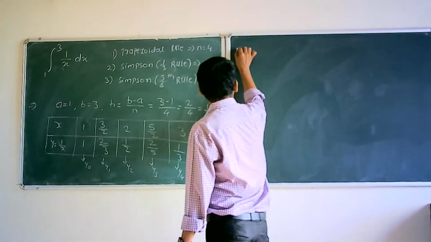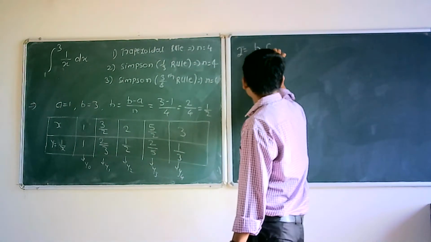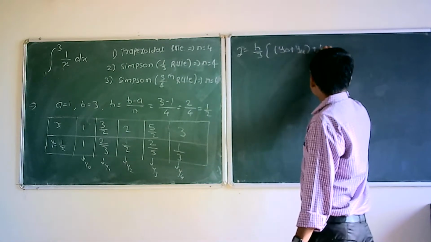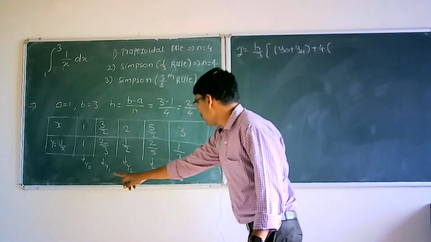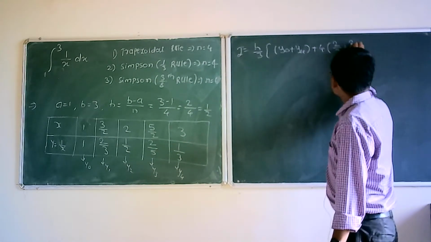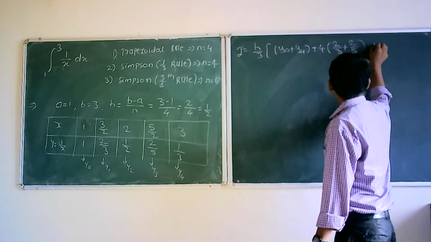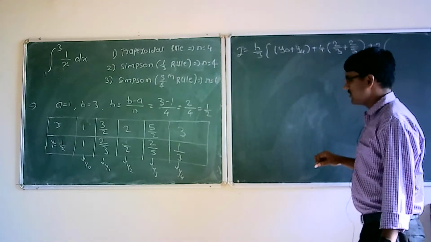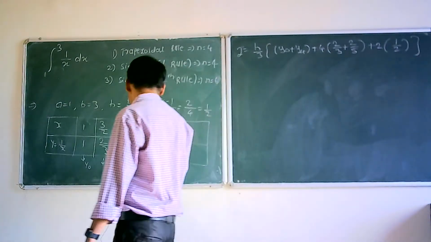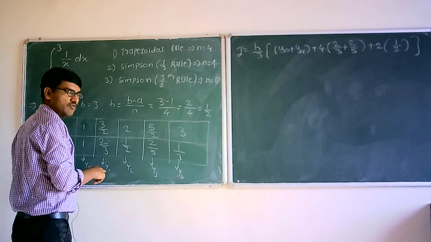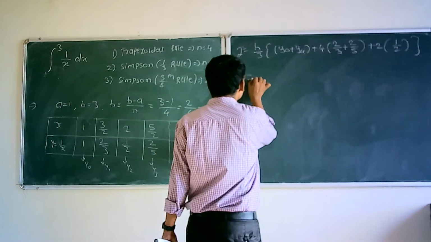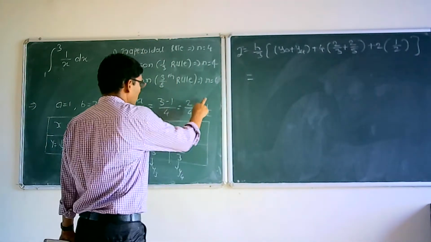I is equal to h by 3 inside the bracket y0 plus yn plus 4 times all odd terms. What are the odd terms? y1 plus y3, 2 by 3 plus 2 by 5, plus 2 times even terms. The even term is 1 by 2. So this is the only even term, 1 by 2. These are the two odd terms y1, y3, and y0 plus yn. So if you simplify this, what is h? h is again the same, 1 by 2.